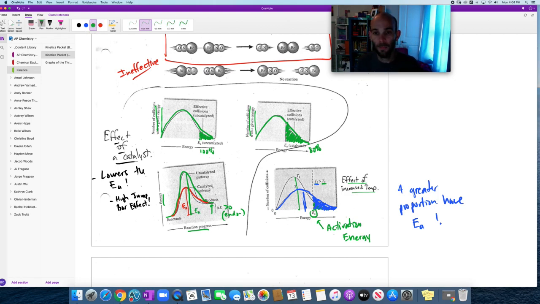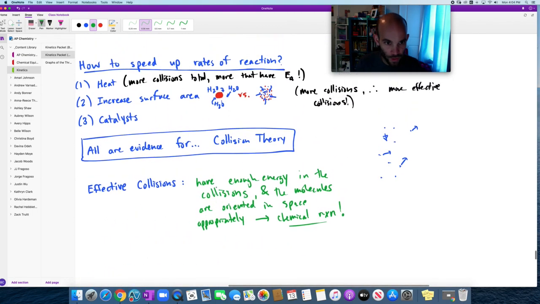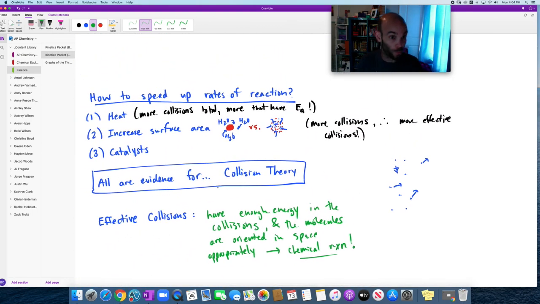Okay, the way that catalysts work, I mentioned this before spring break, is well, of course, they lower the energy requirement. They create a new pathway, right? There's a new pathway which has a lower activation energy. It doesn't magically change the activation energy.